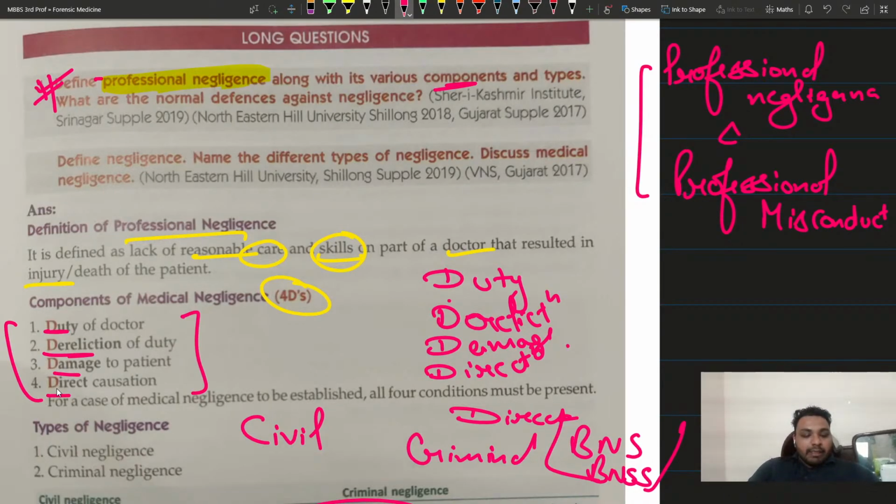Then direct causation, which means the negligence is caused directly by the doctor. The doctor might have an idea that this can happen, yet he said yes, I'm gonna do it. Unless all these conditions are fulfilled, you can't say it is medical negligence. I will repeat it again: duty, dereliction, damage, and then direct causation.